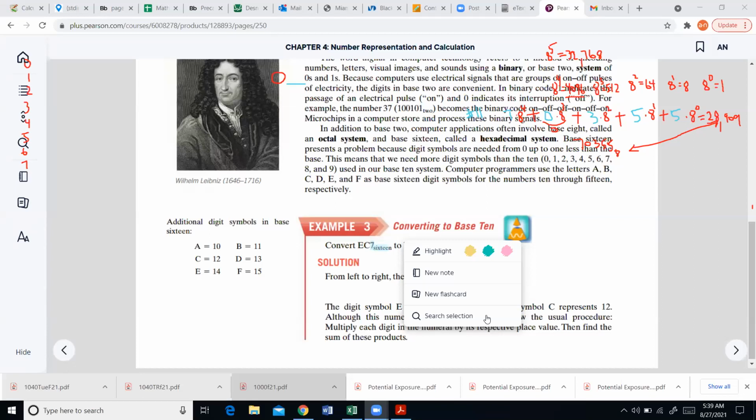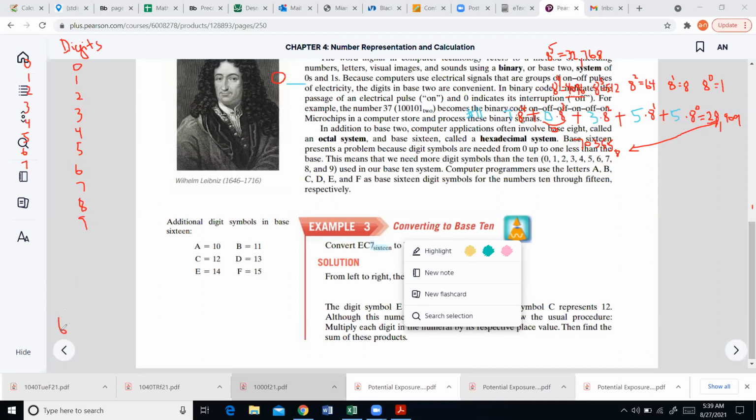But in the bases bigger than 10, we need to have more than 10 digits. So what will the digits be? They recommend using these new digits. In other words, digits are 0, 1, 2, 3, 4, 5, 6, 7, 8, 9, but we need more.